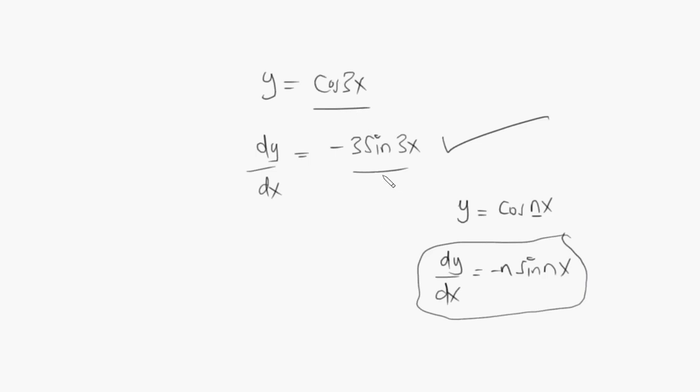So for y equals to cos 3x, dy dx equals to negative 3 sine of 3x. Now what about finding another example now? Let's say find dy dx if y is equal to sine of 2x by first principle.